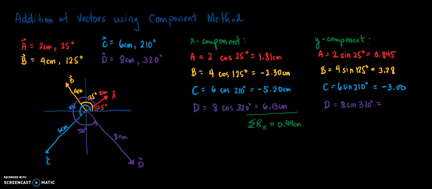That is negative 5.14. Okay, then take the sum. This is the summation of Ry. That is negative 4.02.